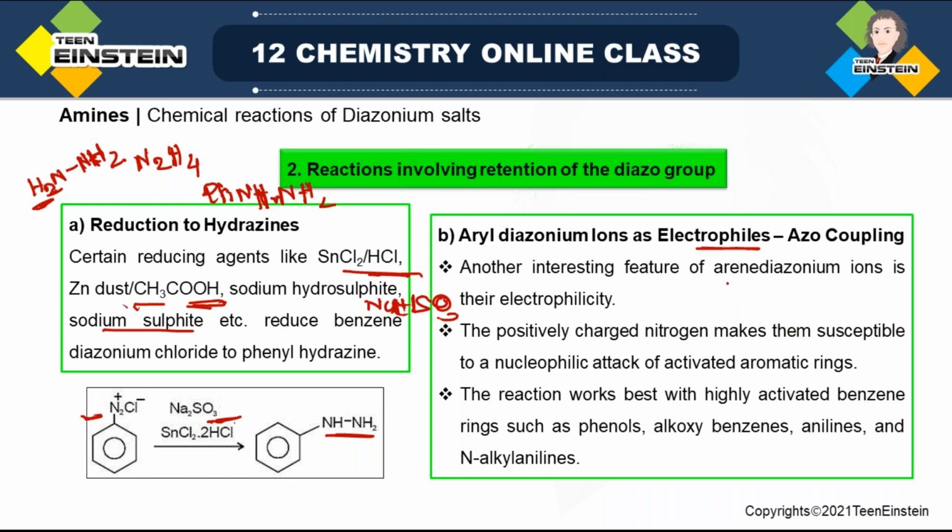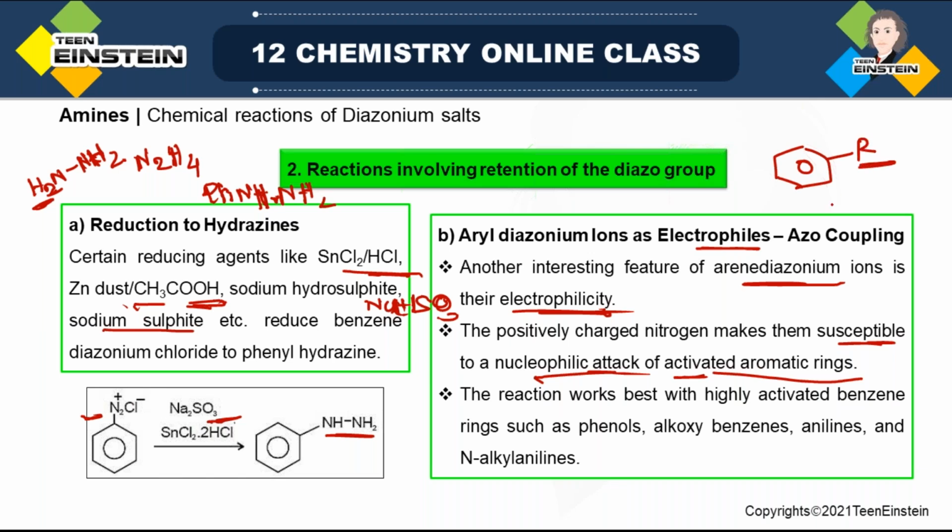Another interesting feature of these aryl diazonium salts is their electrophilicity. The positively charged nitrogen makes them susceptible to nucleophilic attack by any activated aromatic ring. So the nucleophiles that are going to attack are also aromatic rings, but remember they are activated aromatic rings. When we say activated aromatic ring, there will be some group attached to the benzene ring.